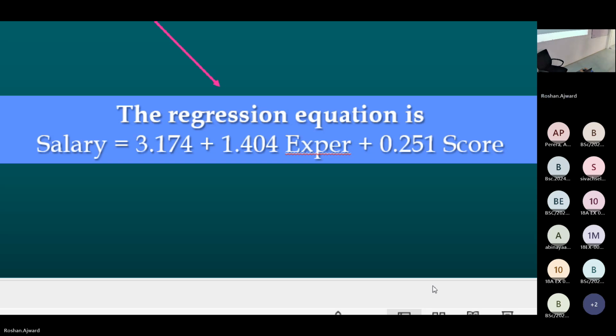Okay. Understood. So, right, these are the equation's elements.